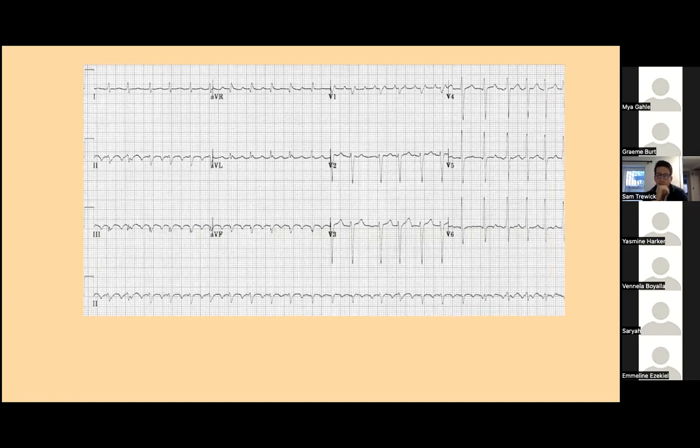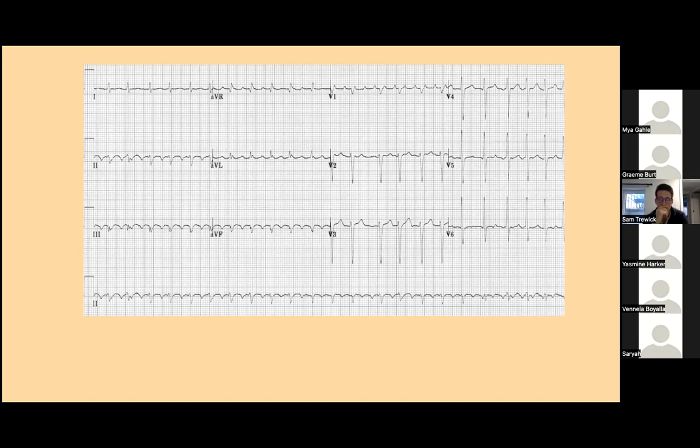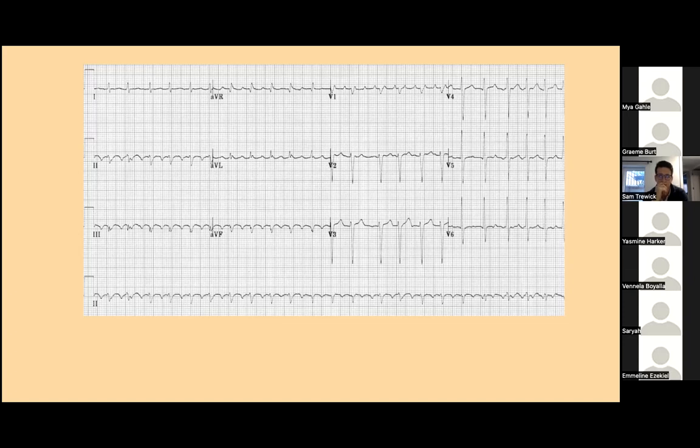So I'm going to go systematically. Of course, I don't have a paper, but in certain places it looks irregular. And there are P waves in V1. There is a QRS after a P wave, but it varies. The length of the PR interval is variable. The QRS is narrow.